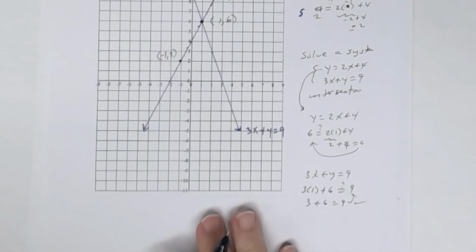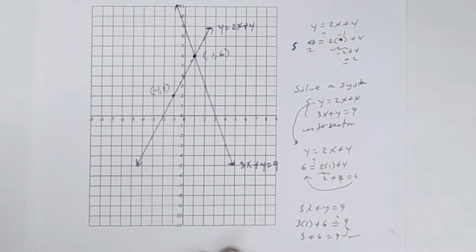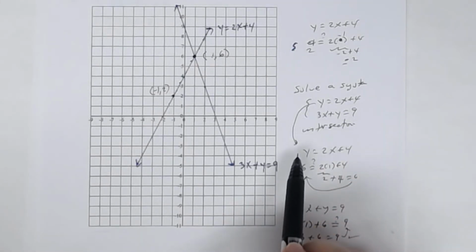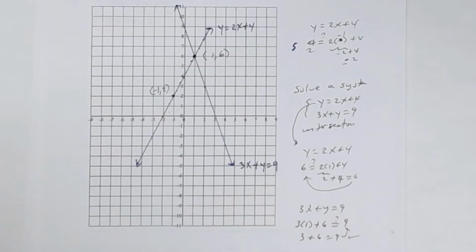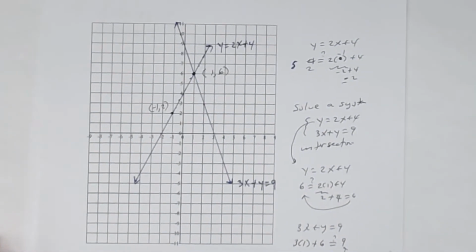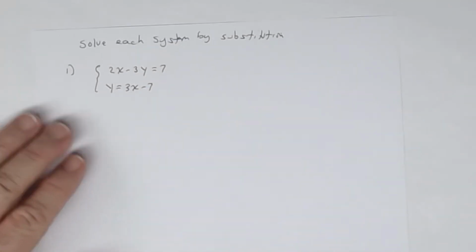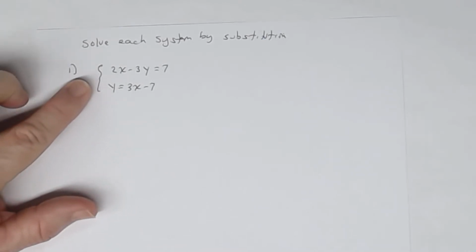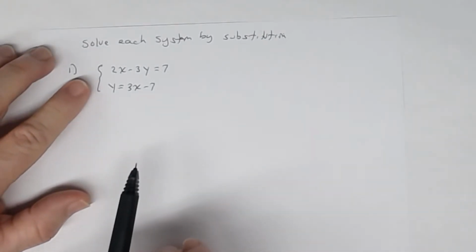So when solving a system, you're finding the ordered pair that makes both of those equations true at the same time. That's what you want to do here: find the solution to this system, but not by graphing. You want to do this by substitution.